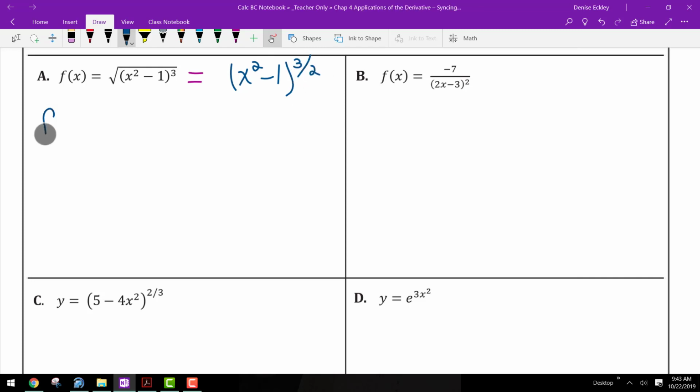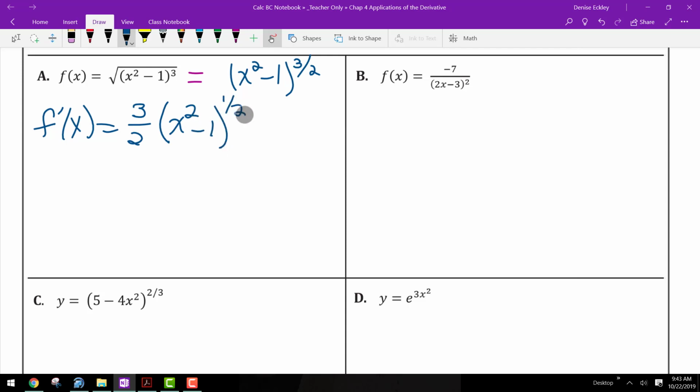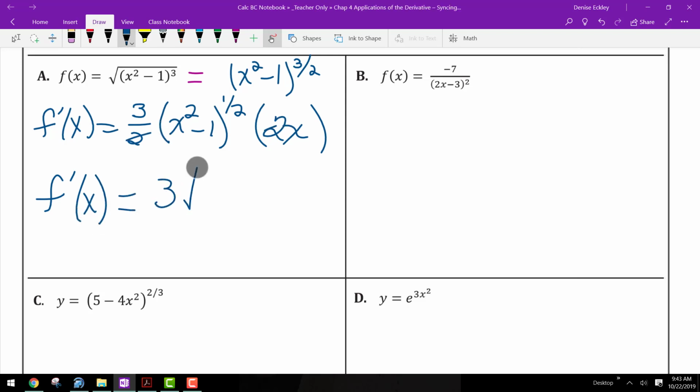So f prime of x is going to be, I bring the power down, I'm going to keep that inside function, lower the power by 1, and then take the derivative of the inside function. So when I multiply everything together and simplify, I get that f prime of x, the 2's will cancel, I'll get 3 times the square root of x squared minus 1.